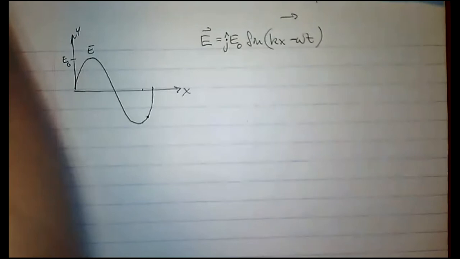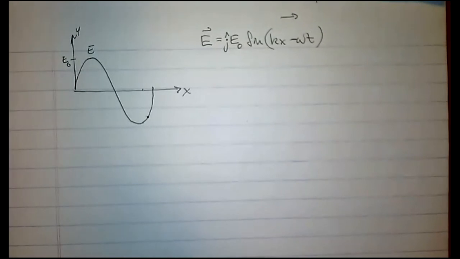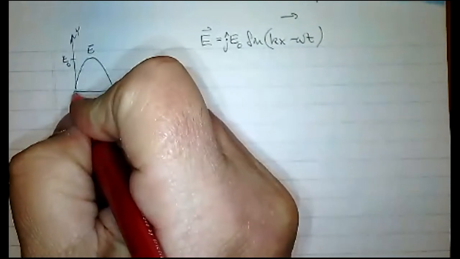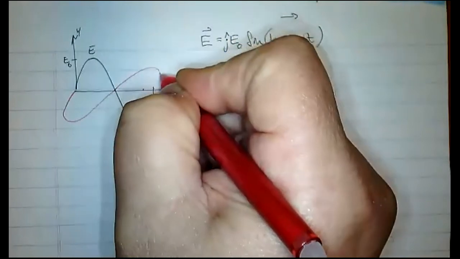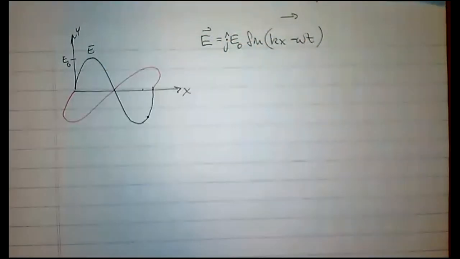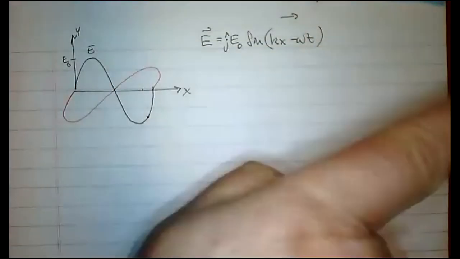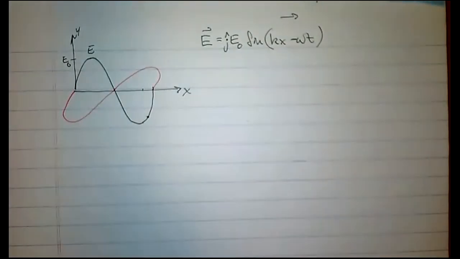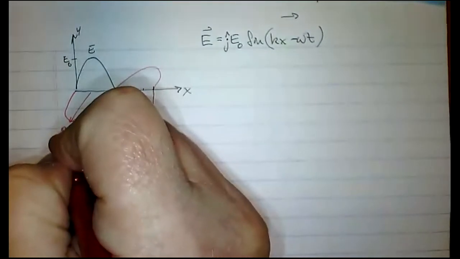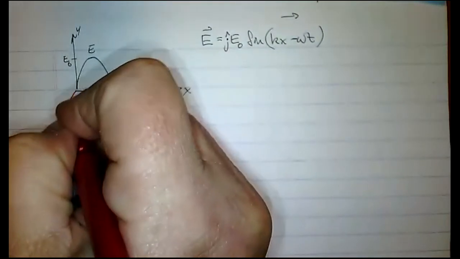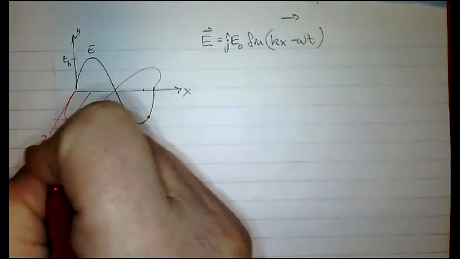Now, we also have a magnetic field that goes like this. And notice E cross B shows me going that way. So this is the magnetic field, and this, of course, would be in the Z-axis direction.